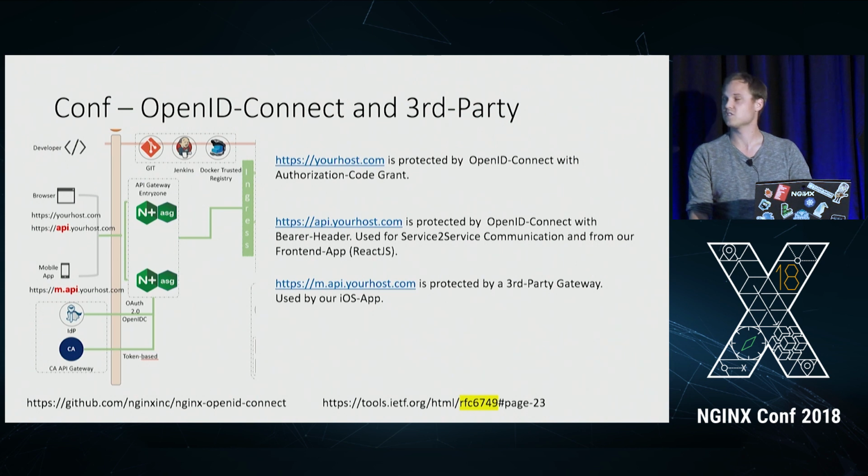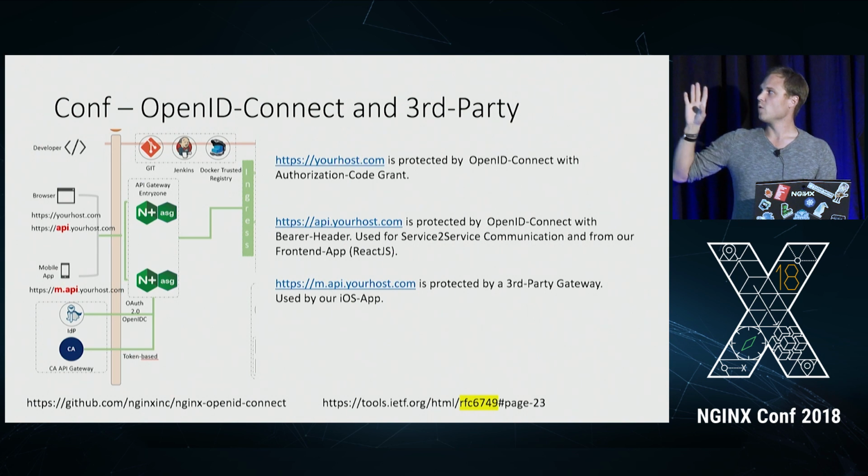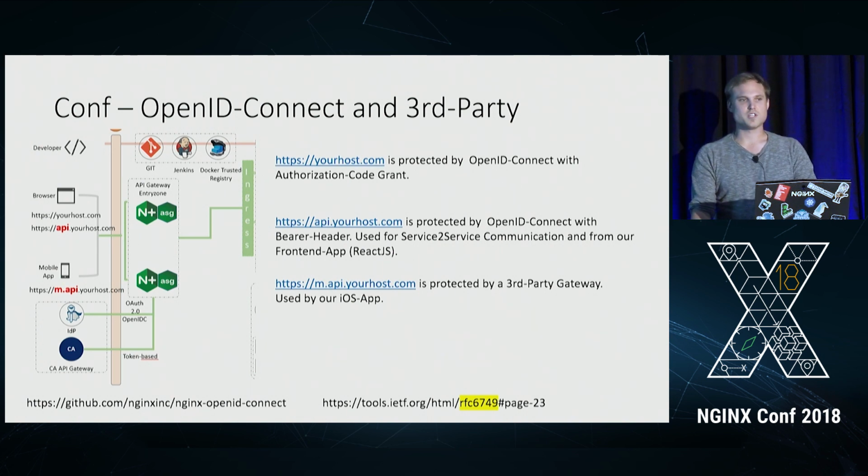So this is nothing special. The special thing for yourhost.com is that NGINX is configured to protect that host name, or the resources behind it, with OpenID Connect and the authorization code grant. I will go into detail on what the authorization code grant and OpenID Connect are in the next slide.